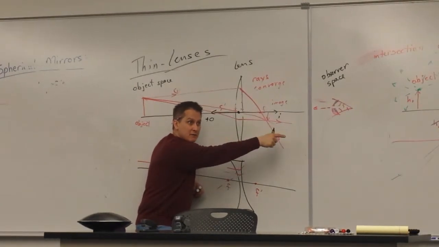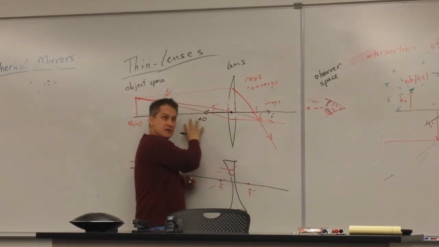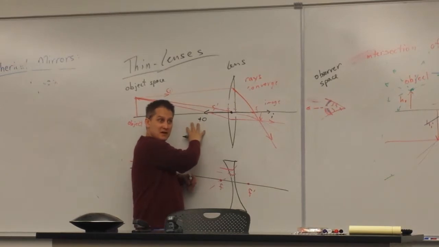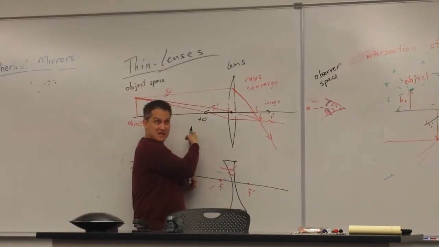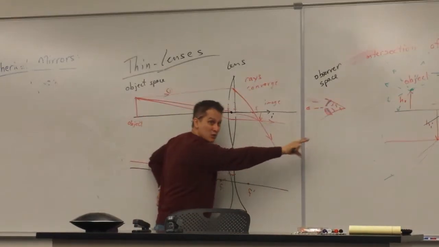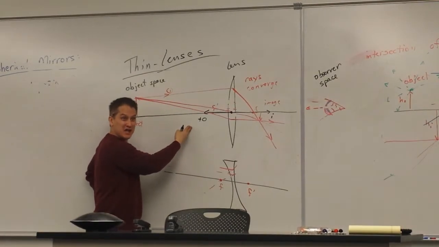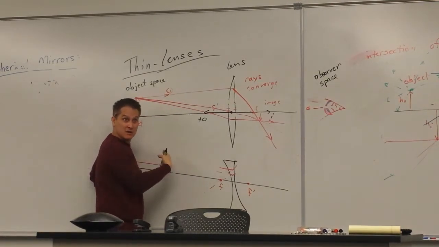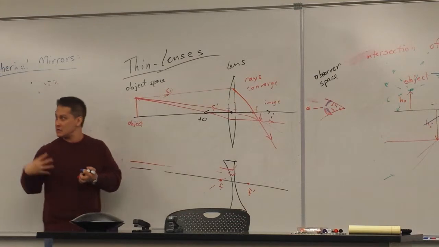If you're looking at an object, and the image appears to be out here, you can't put a piece of paper over here and see it. Because what you're physically looking at is light passing through, not light sitting over here, because it's not a mirror. It doesn't reflect backward. Okay? Obvious, but not so obvious.